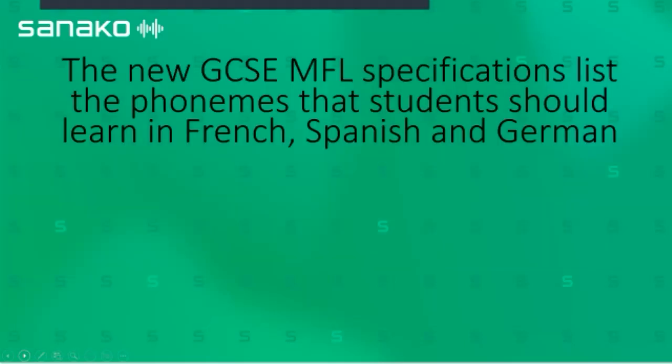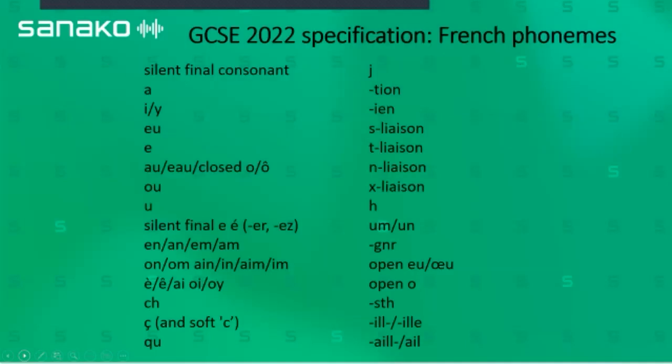And for the first time ever, our new GCSE MFL specifications actually list the phonemes that students should learn in French, Spanish and German. So in French, we've got these, all of them ones that we're looking at. We're not looking at all 36, just the key phonemes and then these rules around liaison and silent letters.